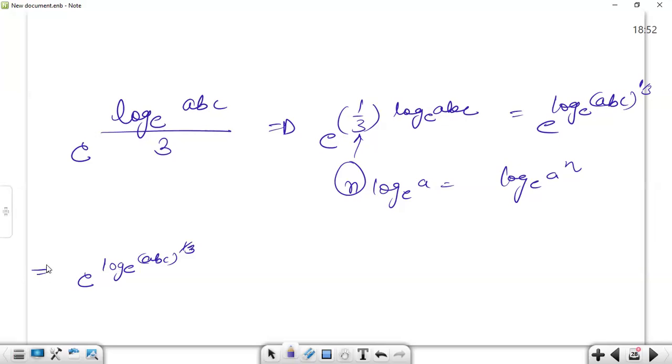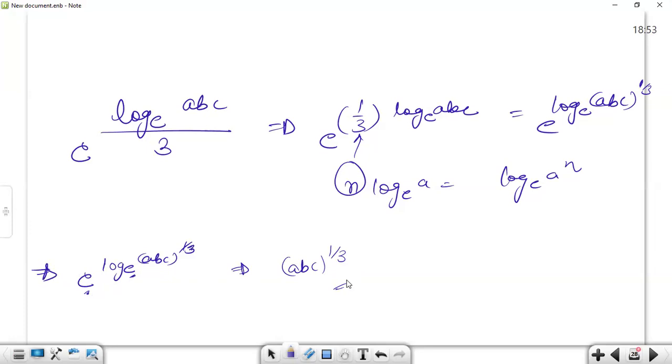This is a concept in mathematics, and when we study logarithm we will explore it further. When the base of the logarithm is the same as the base it is raised to, they cancel each other, and abc raised to power 1 by 3 will become the answer.